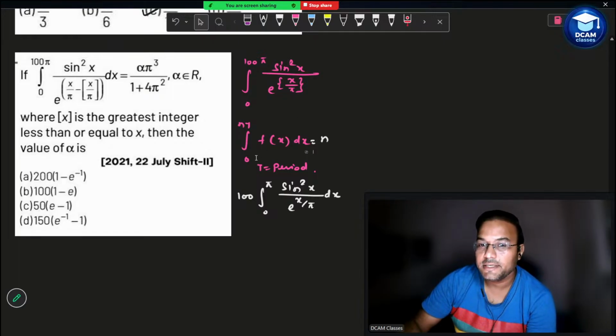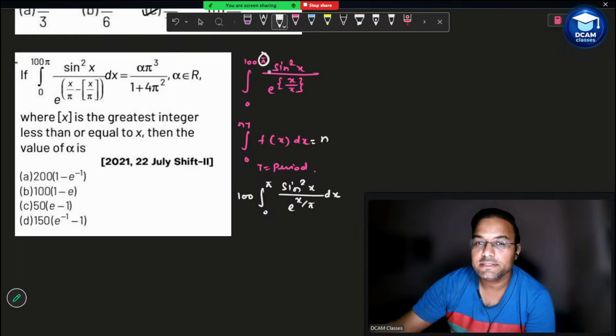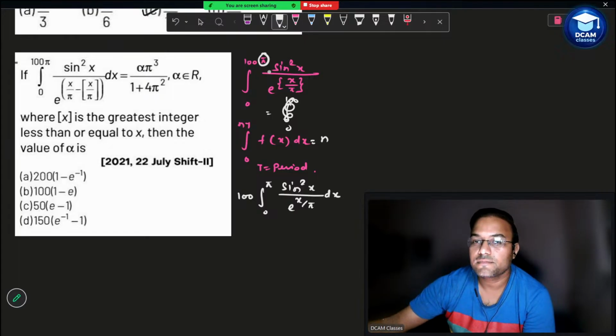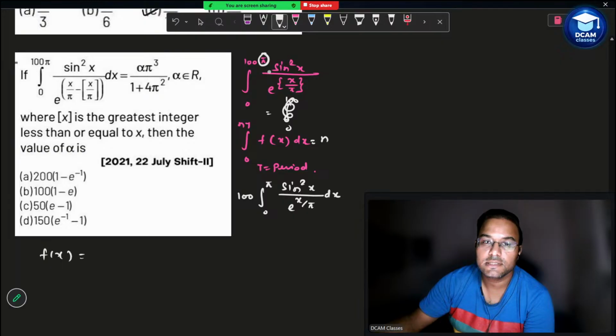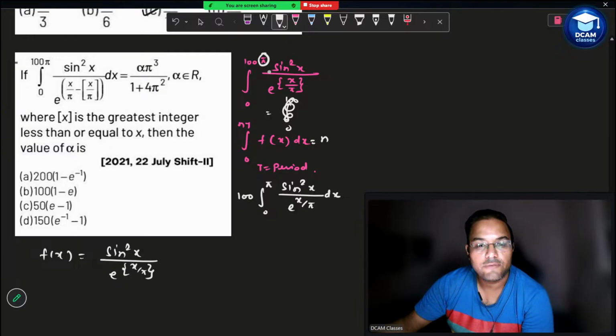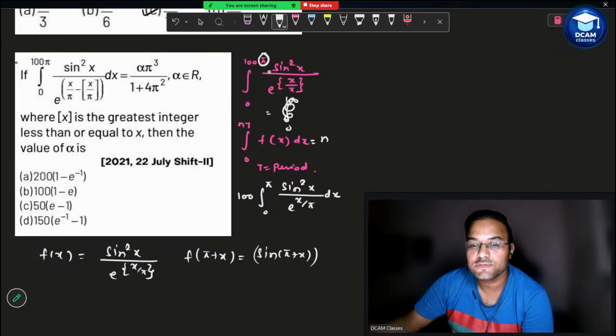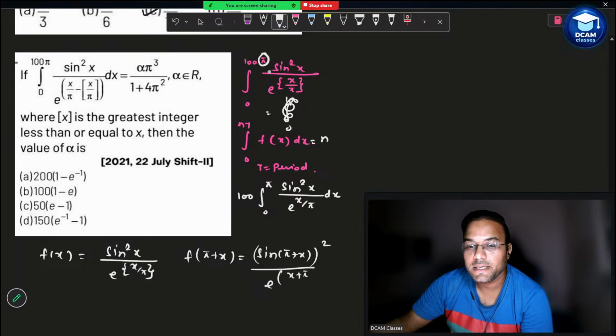And I have written 0 to 100 pi, because this pi is the period. So if f of x is sine square x by e power x by pi, then f of x plus pi: the sine of pi plus x is minus sine x, but since it is a square, it will remain the same. And e power x plus pi by pi, we want the fractional part.